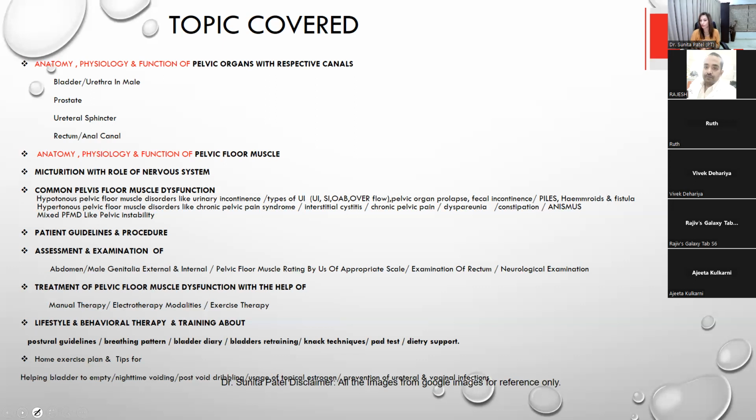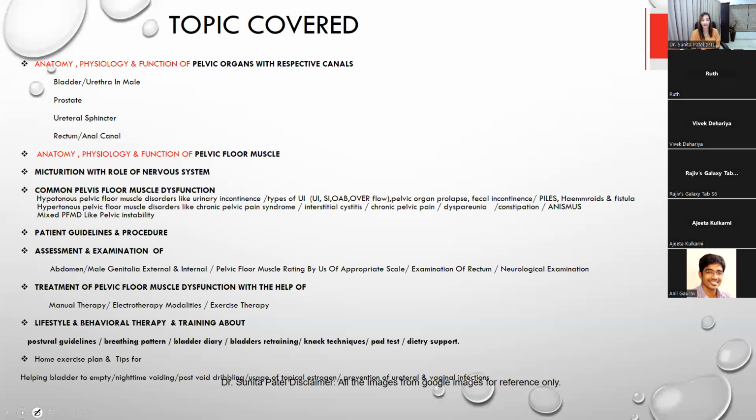We'll cover how to do the examination of the rectum and the neurological examination, because nerves are also involved. The nerves which supply the organs can sometimes be the culprit, and the nerves which directly supply and are responsible for pelvic floor muscle action are also important to understand.